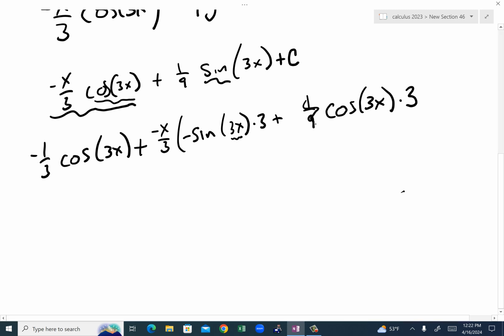This is 1/3 here. It's negative 1/3. You see that? Oh, the 3's kill each other off. Negative times negative is a positive. I'm left with x sine 3x.